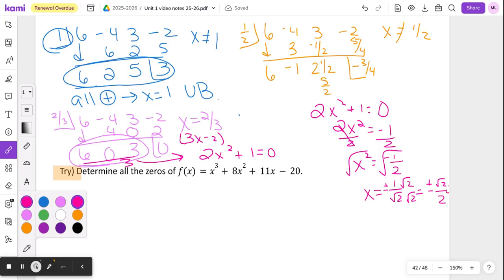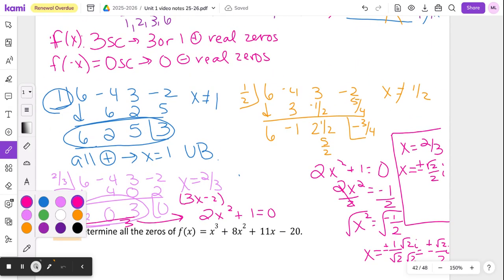There's an i on those because I took the square root of a -1. So I get 2 imaginaries here and 1 real. So my roots are really, I'm going to write it up here. x equals 2/3, but then it also equals positive and negative radical 2 over 2 i. So I have 1 positive real 0 and then 2 imaginaries which are not counted on there.